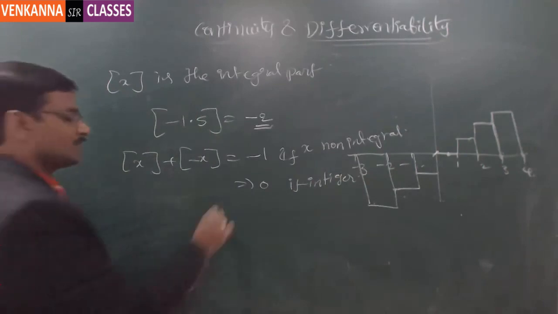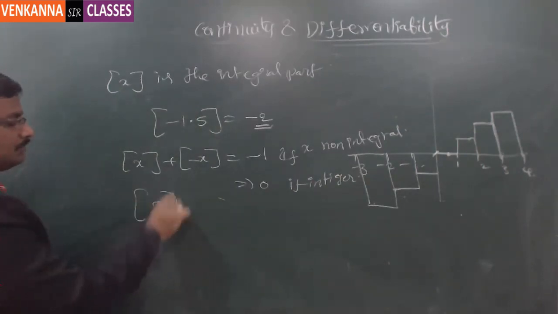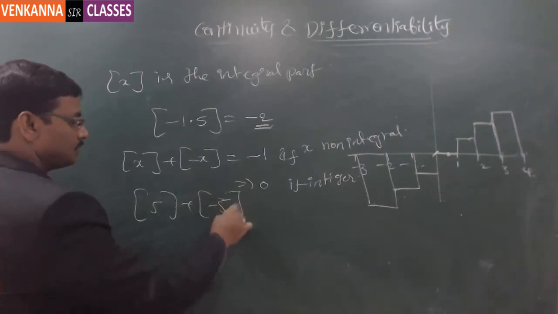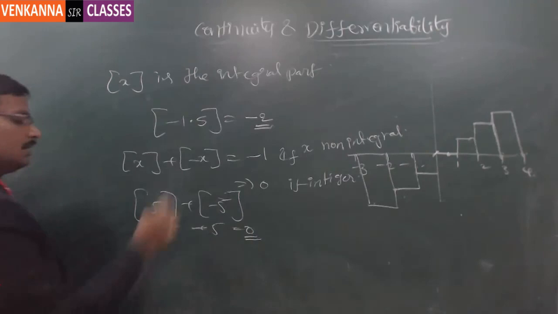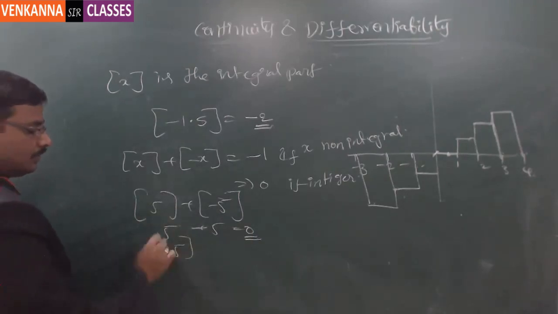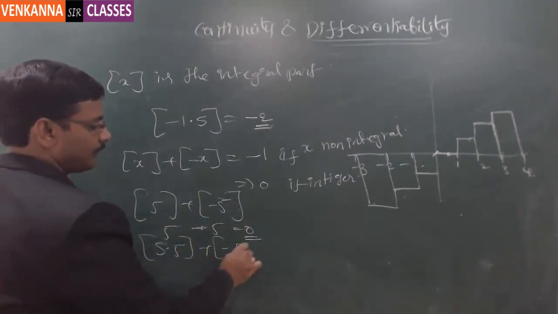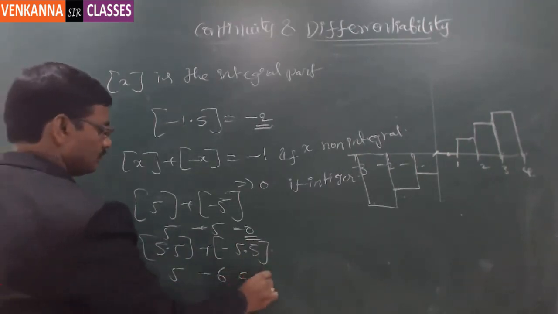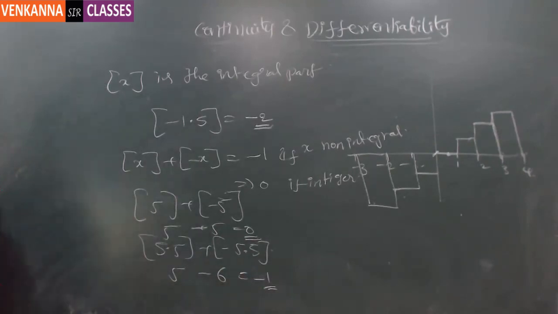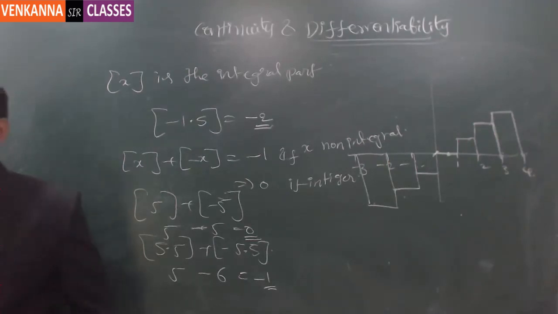So step of 5 plus step of -5: this value will be +5, this value will be -5. The sum is 0. But if I take step of 5.5 and step of -5.5, this will be 5, but this will be -6. This will be -1. This is the difference. So whatever may be the x value, if it is integral, it will be 0. If it is non-integral, it will be -1 always.